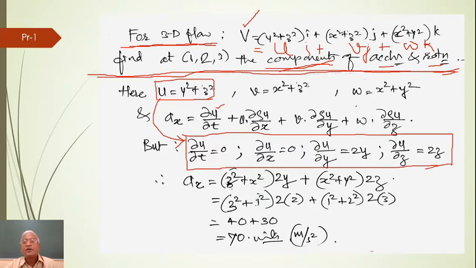Now similarly, if I work out other things also required and then write down, now what should I write? ax is equal to, first term is 0, and then second term u into dou u by dou x. u is y squared plus z squared, okay, dou u by dou x has come up to be 0, that is not there, so first term is fully gone.